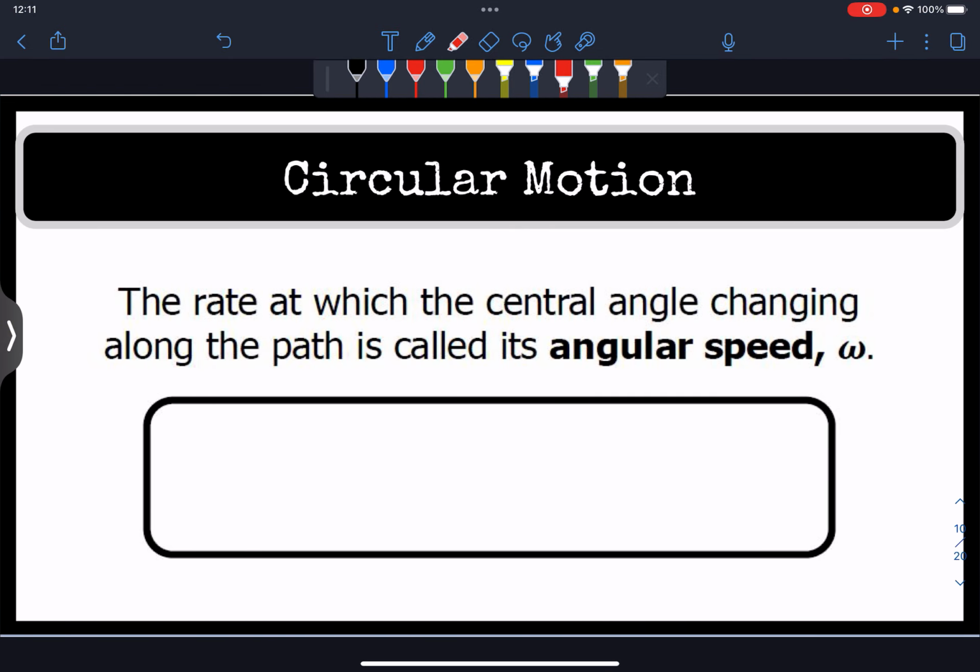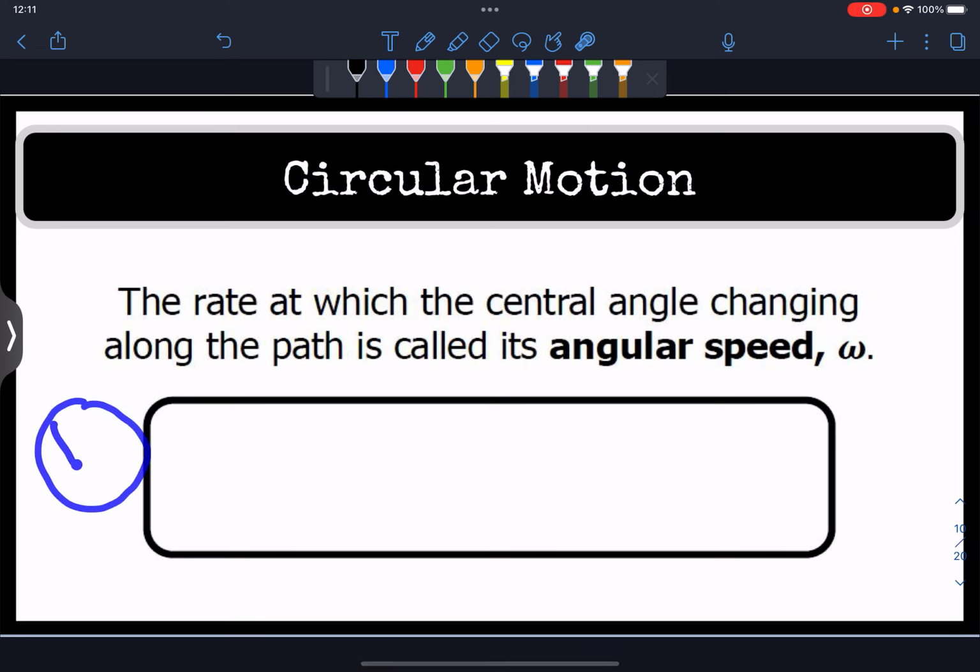All right. Now let's discuss circular motion. Using again the fact that we have a central angle changing along the path, this is referred to as circular motion. So again, we're figuring out how fast the angle theta is changing along a circle that's moving around.